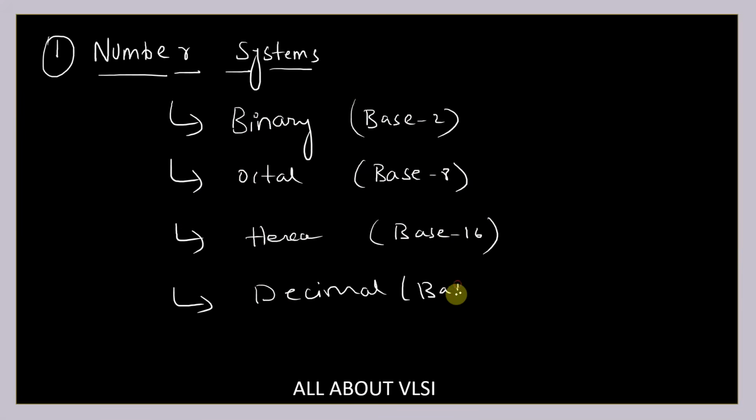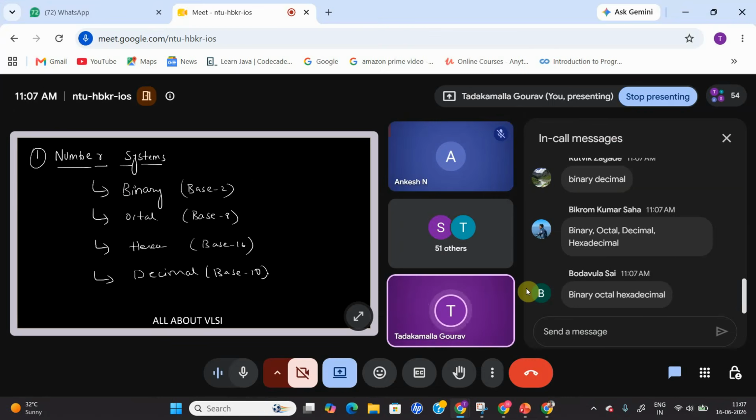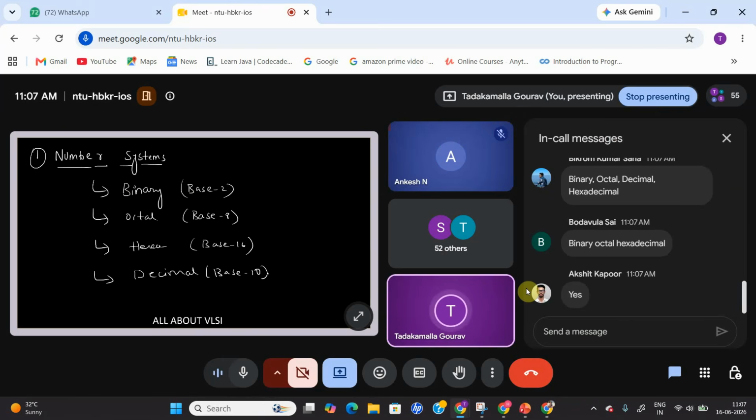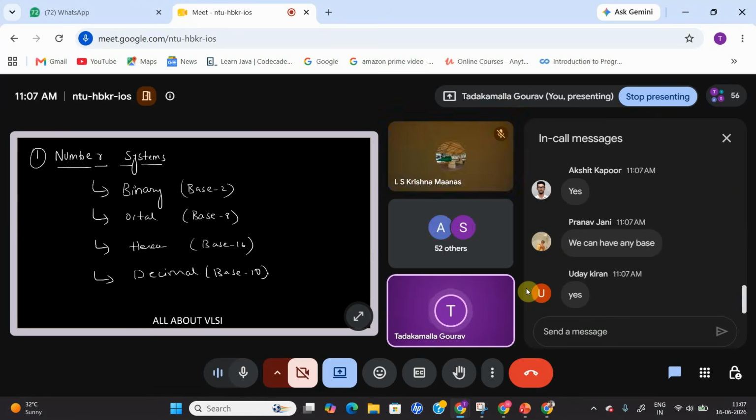I have a question here. Do we only have these four number systems, or can we have base 5, base 6, or base 12, 13? Can we have those number systems? We can have any base, exactly. It's not that we only have these four bases. We can have any base.